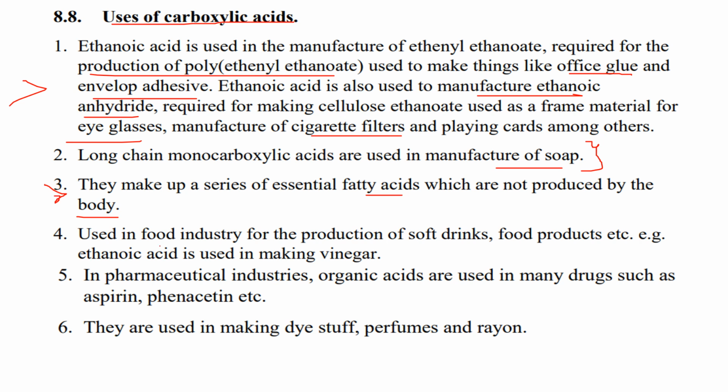They are used in food industries in production of soft drinks and food products, for example, ethanoic acid used in making vinegar. They're also used in making dyestuffs and perfumes, and also rayons, used in pharmaceutical industries, and also formation of organic acids, as in many drugs, for example, aspirin and phenacetin.